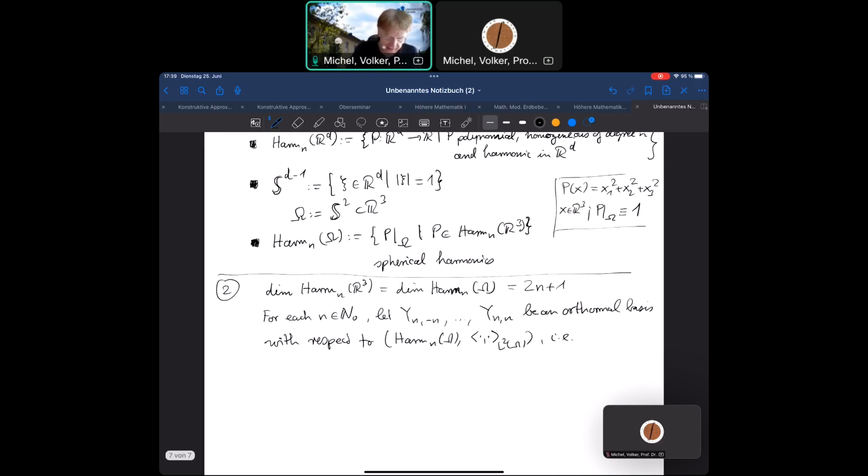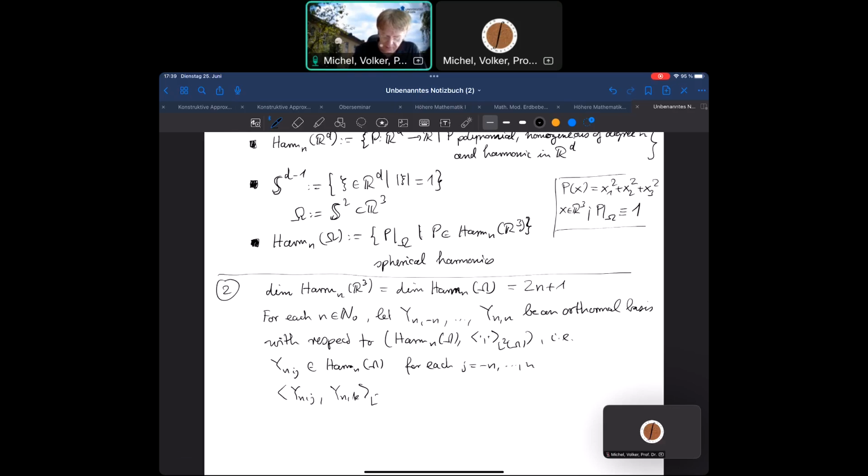Certainly clear is that Y(n,j) is a spherical harmonic. Each of these Y(n,j) is certainly contained in the space. And the second thing is that they are also normal with respect to the inner product in L2(Omega).